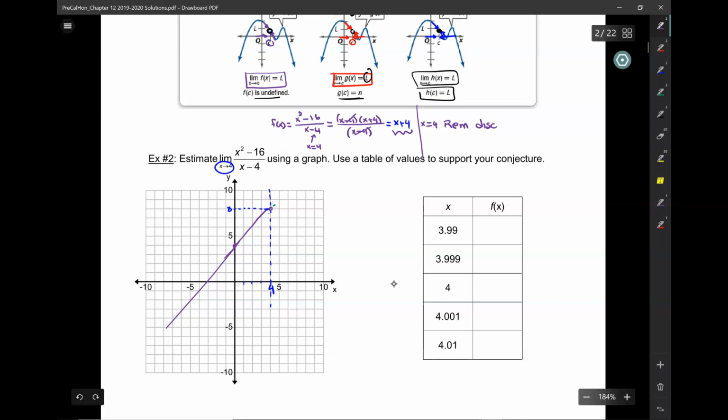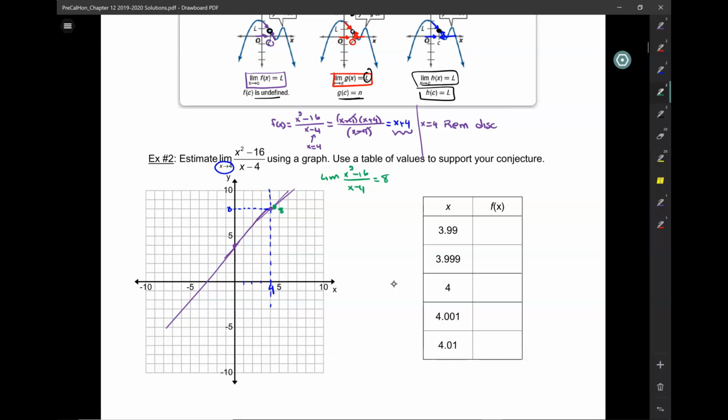So immediately to the right, what is the value of the graph? Well, it's 8 again, right? And so because the value of the graph is 8 immediately to the left and the right of that imaginary line, we say the limit of x squared minus 16 over x minus 4 is equal to 8.